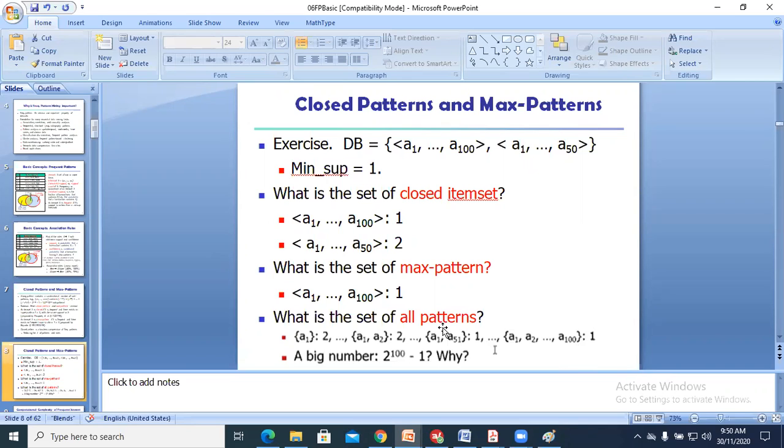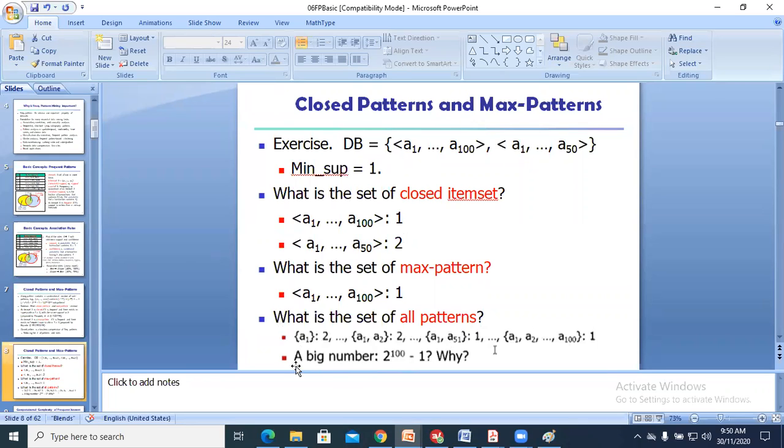So A1 to A50, all the item sets have the support of 2, and from A1 to A51 up to A1 to 100, we have the support of 1. So all these item sets will satisfy the criteria of minimum support, and they are frequent.